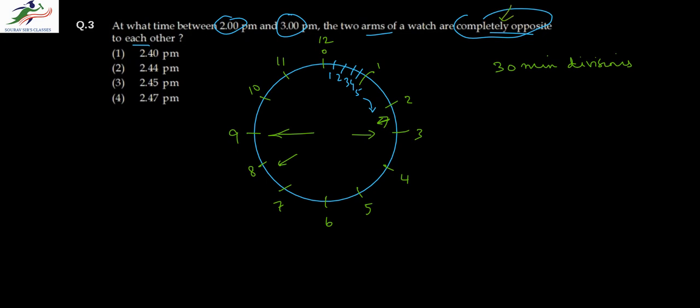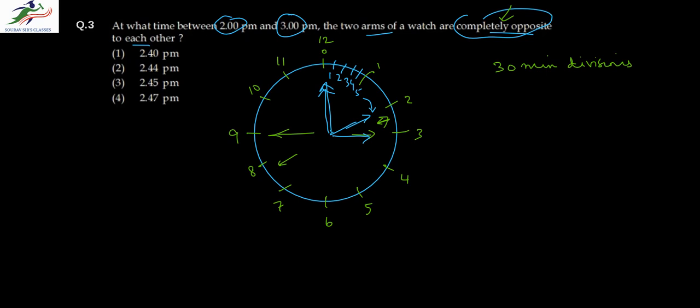Now we know that if the clock starts at 2 p.m., that means the hour hand is pointing towards 2 and the minute hand is pointing towards 0 or 12, and then the hour hand would go to 3 at 3 p.m. and the minute hand would come back to 12 or 0.